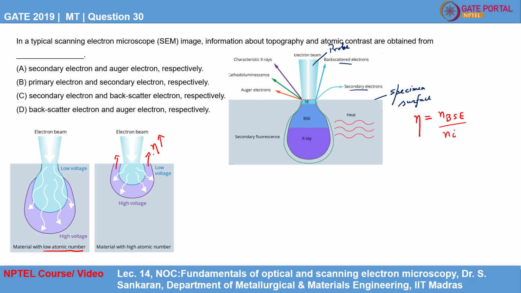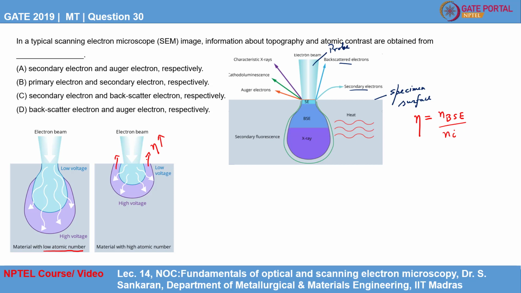Therefore, the larger the yield, the more backscatter electrons will be detected by the detector, which are emitted by a higher atomic number element. So that element will appear brighter, while a lower atomic number element will appear darker because the backscatter electron yield will be smaller.